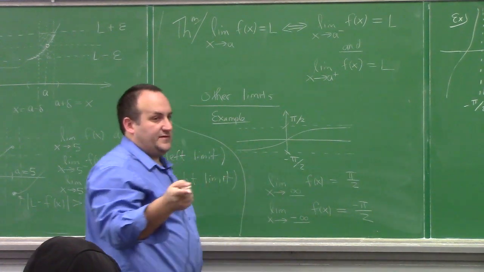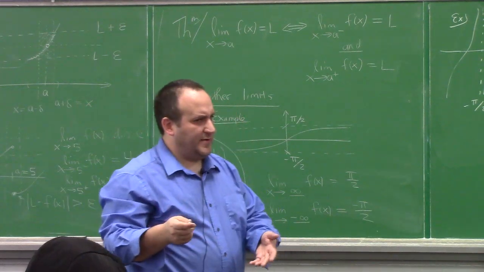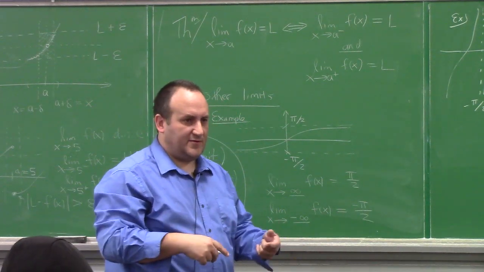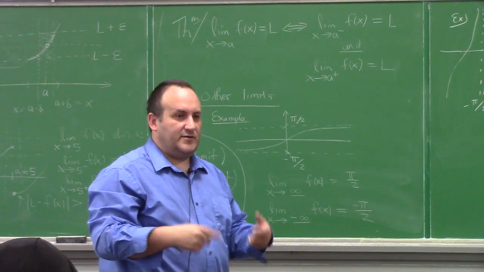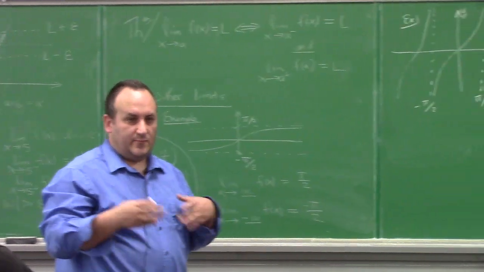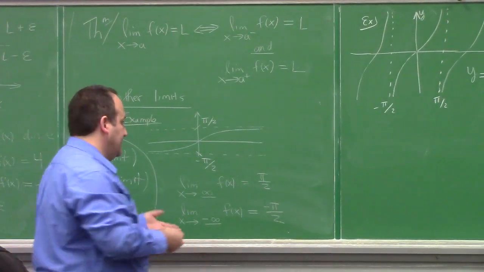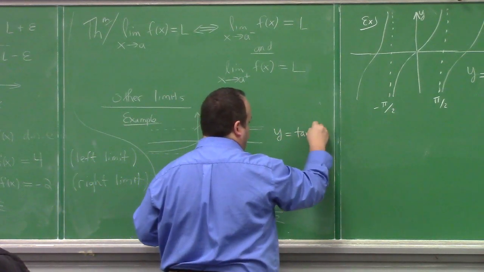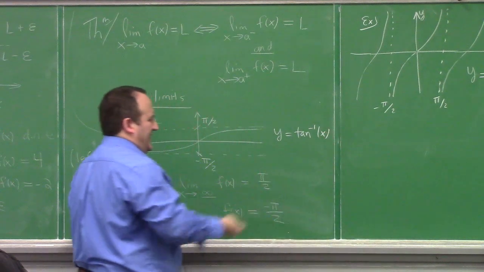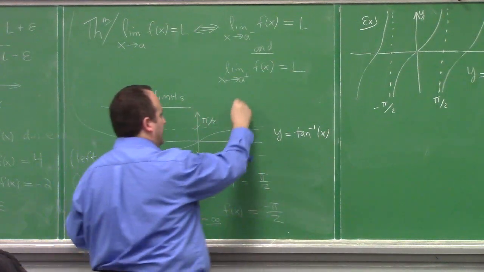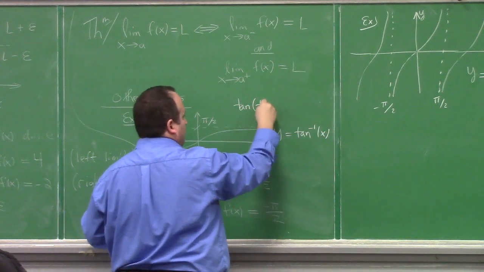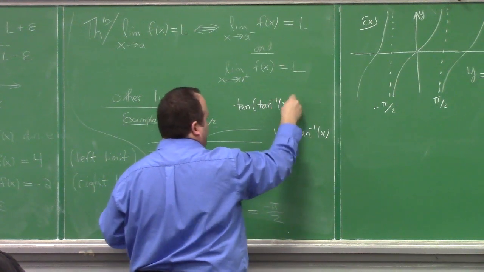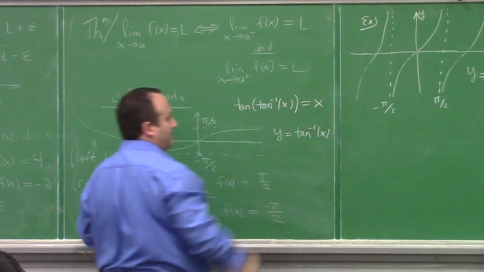Now, somebody said cotangent, but remember, cotangent is 1 over tangent, and 1 over tangent is not inverse tangent. This is inverse tangent, which means what? It means that tangent of inverse tangent of x equals x, right?